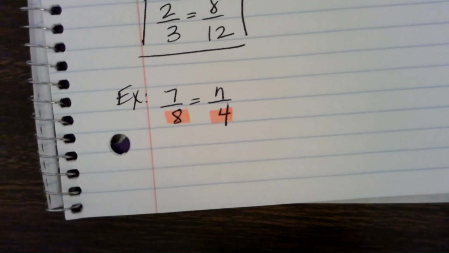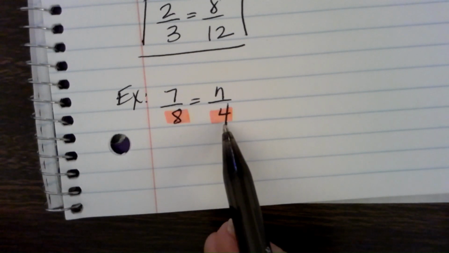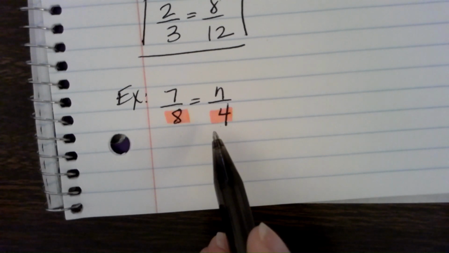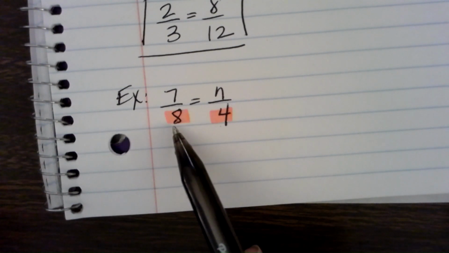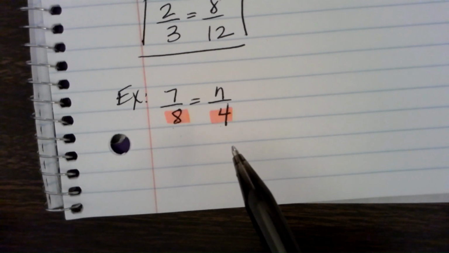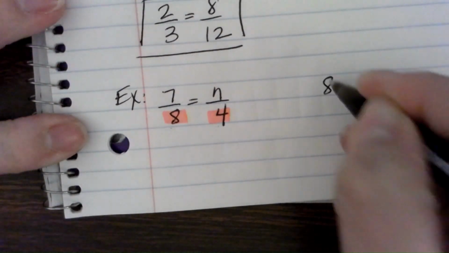So if I'm starting with 8, Carson, and it ends up equaling a 4, I know that I've divided because my number has gotten smaller. I've taken the 8 and I've separated it into 4s, okay? So what I need to do at that point is figure out what I did with 8.